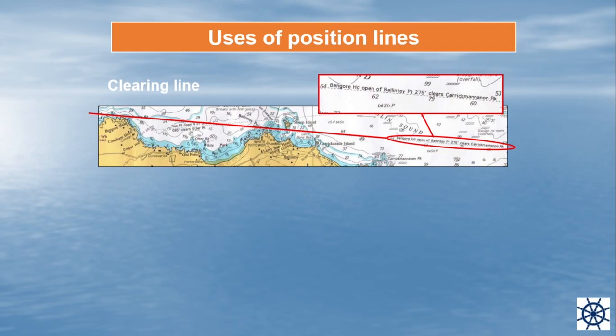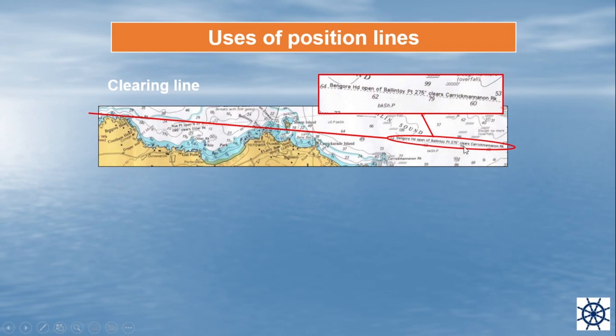So once nagkaroon ka na ng ganyang angle, no? 275, that is your clearing line, no? Sabi natin, no? It clears the Karik Mananon Rock. Ito.